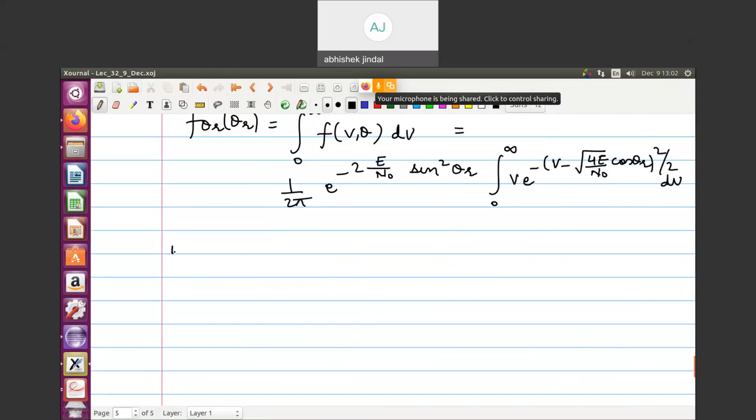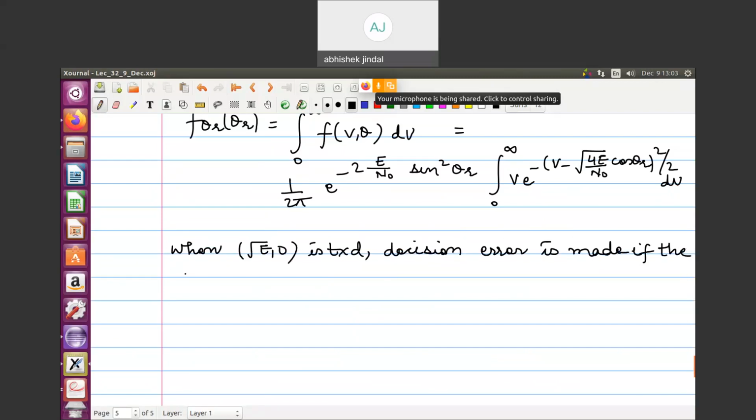So we can see that when root of E comma 0 is transmitted, a decision error is made if the noise causes the phase to fall outside the range.